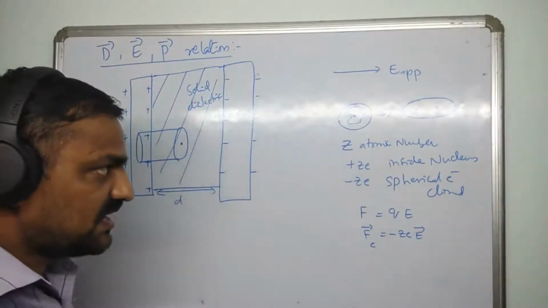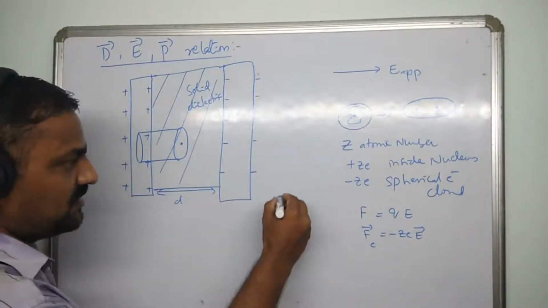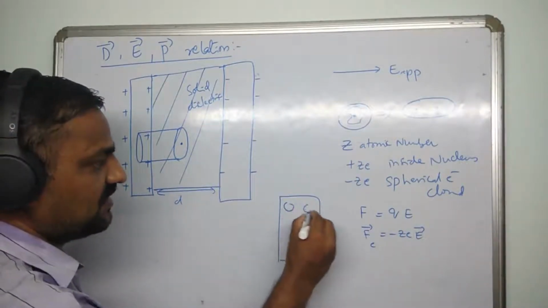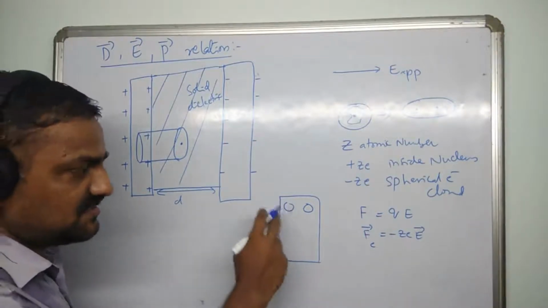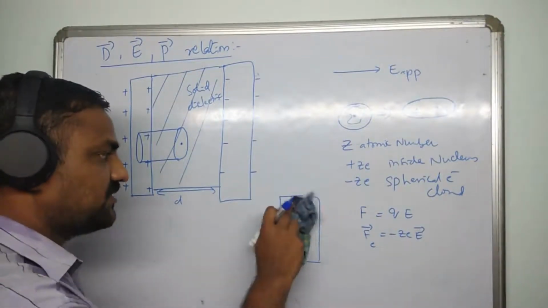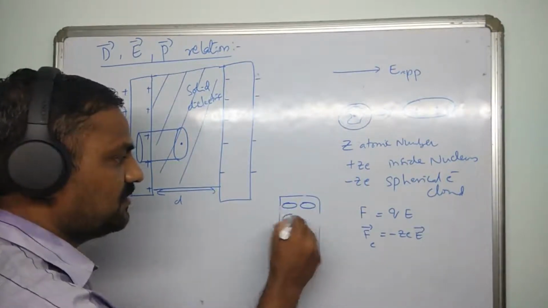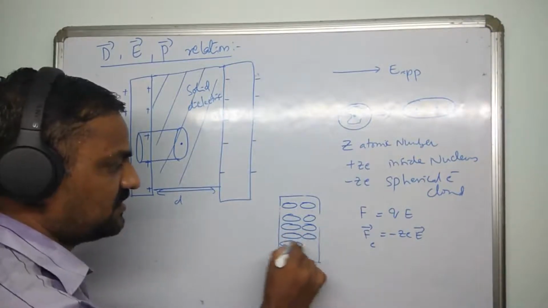So because of this dielectric polarization, what happens inside is, I am just redrawing the same dielectric. If you can imagine the dielectric to be composed of some spherical atoms, these are spheres before the application of electric field. Now after the application of electric field, we are going to get some kind of oval shape here. Actually, I am drawing a two-layer structure, but there are infinitely many layers of atoms.